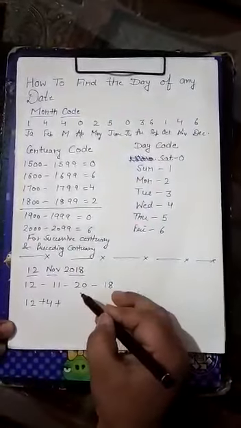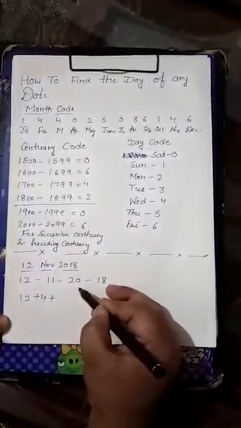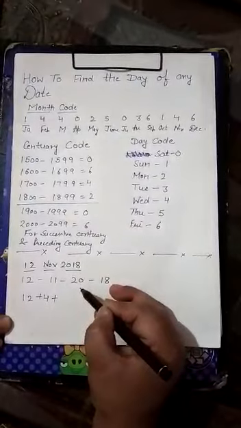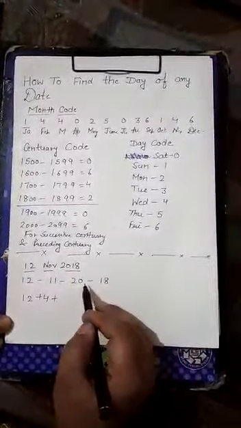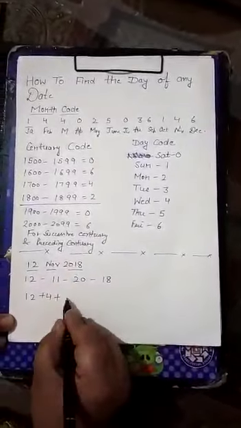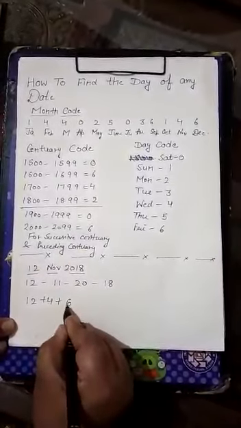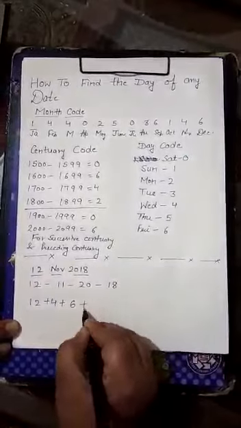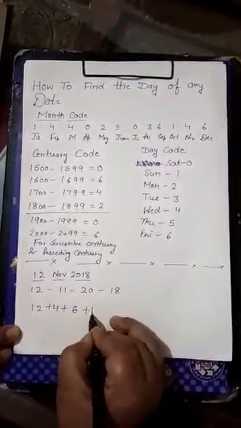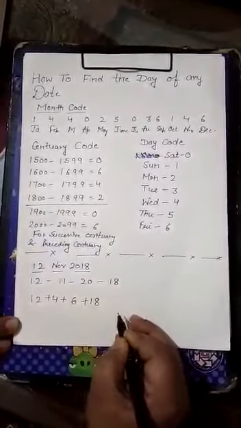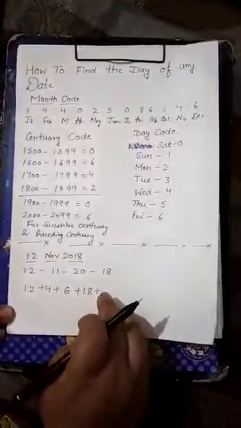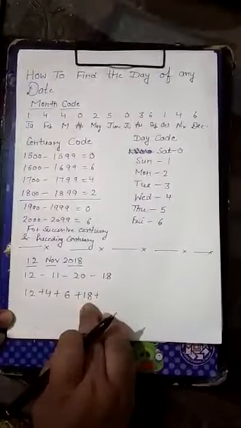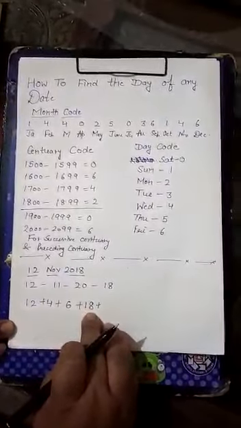Here it's 20. Fine. So you can see that the code for the century is 6. And after that, 18 you will write down like this only. 18 is the year. And last, you have to find out how many leap years there are.